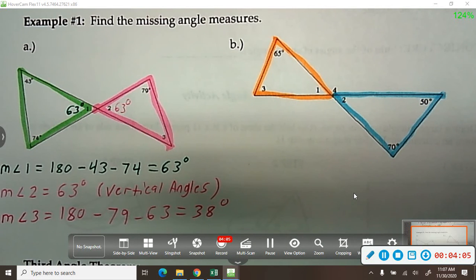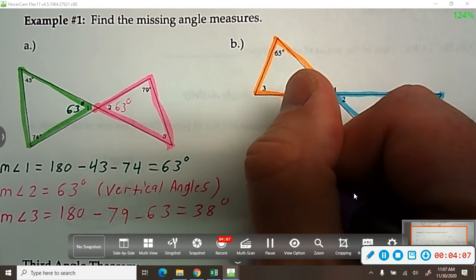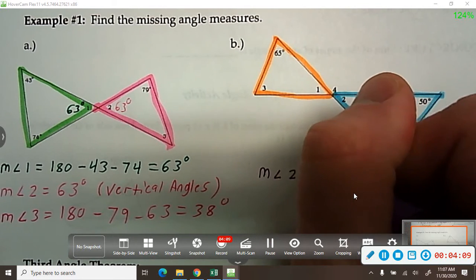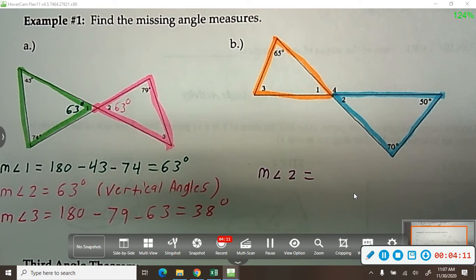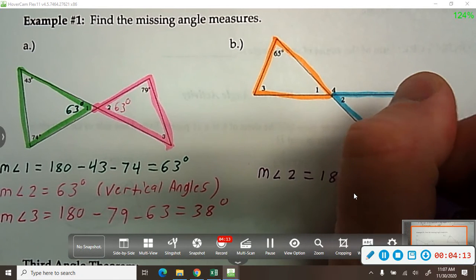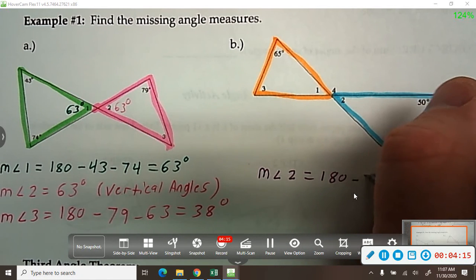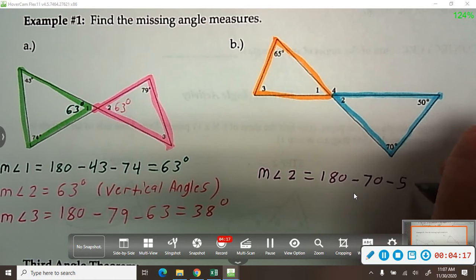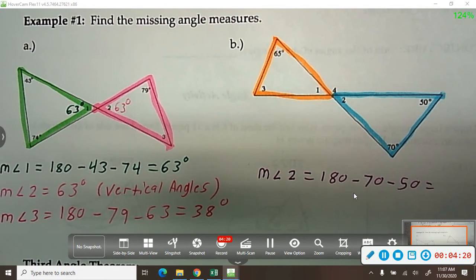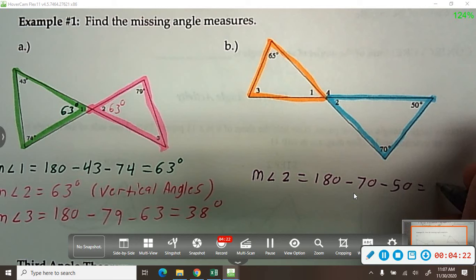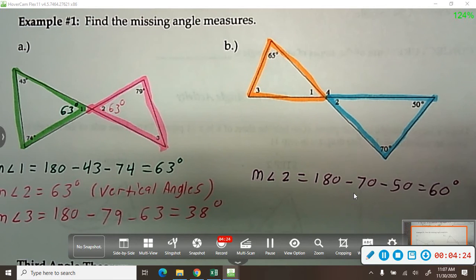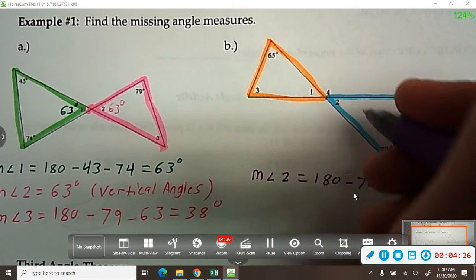So I would say measure of angle 2 will be 180 minus 70 minus 50, which is 60 degrees. So then I could put 60 degrees here.